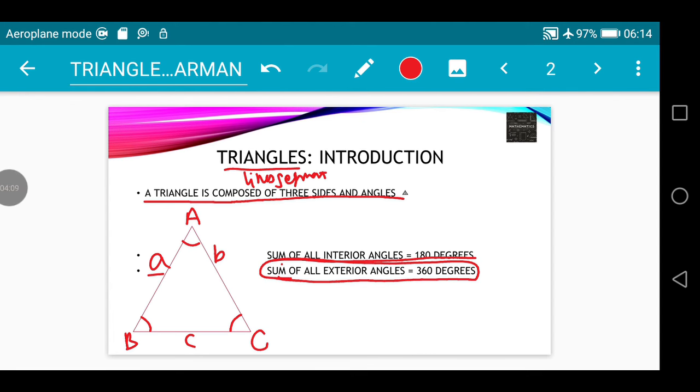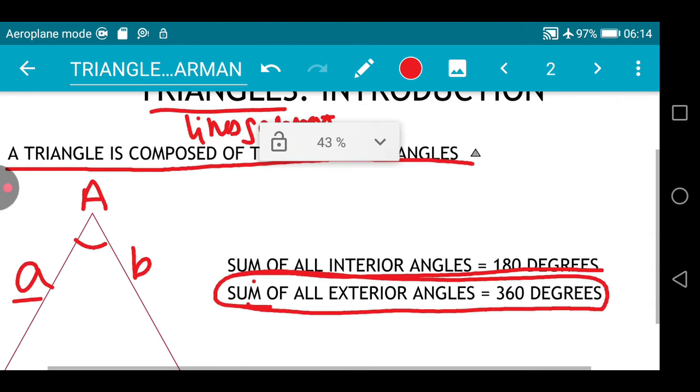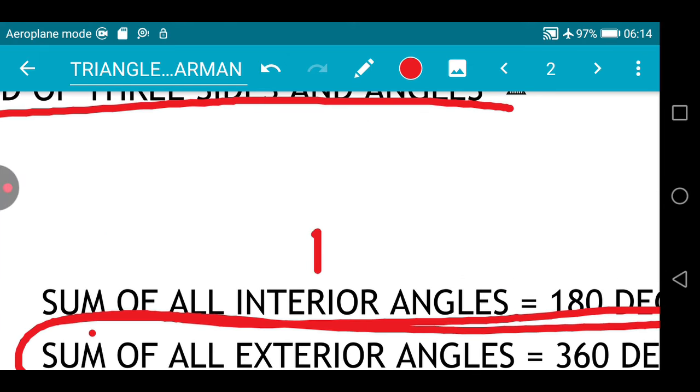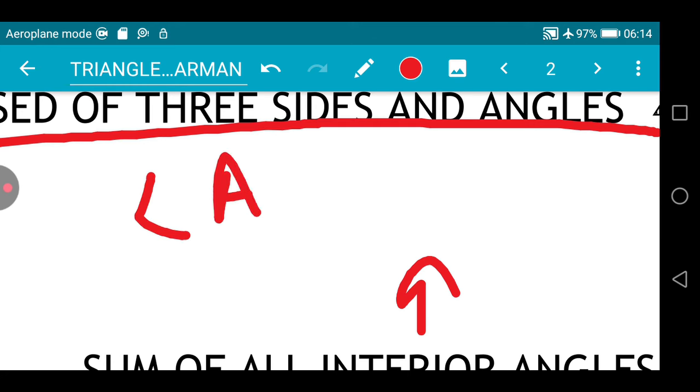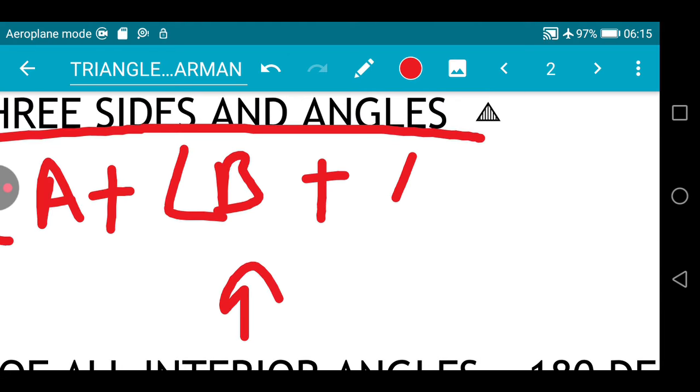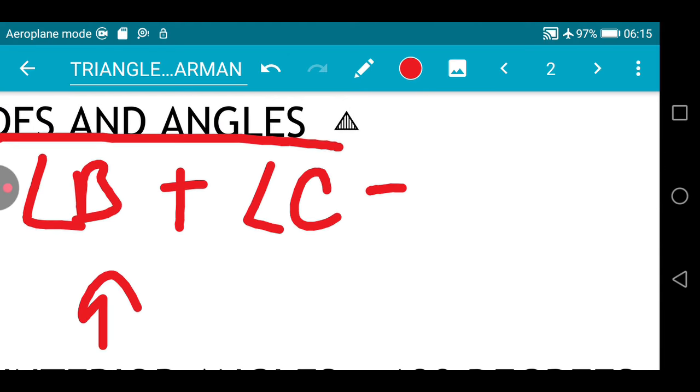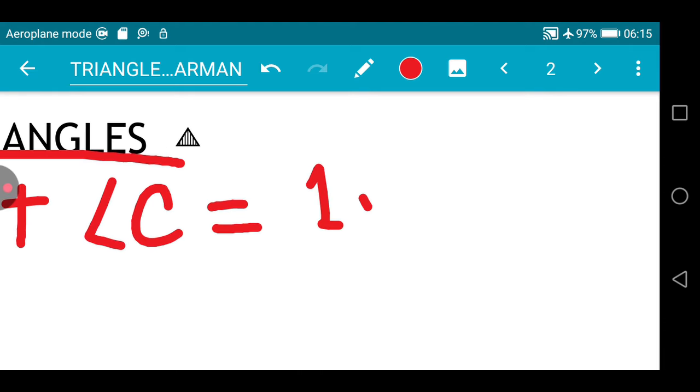One thing we already also know: the sum of all interior angles, that is, angle A plus angle B plus angle C, equals 180 degrees.